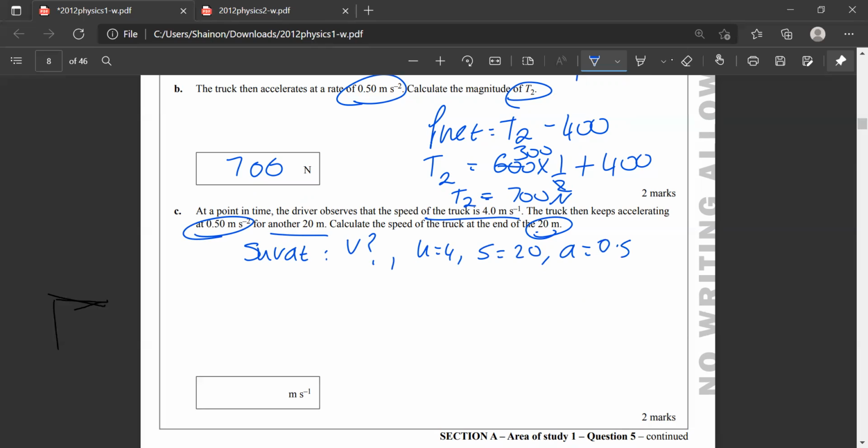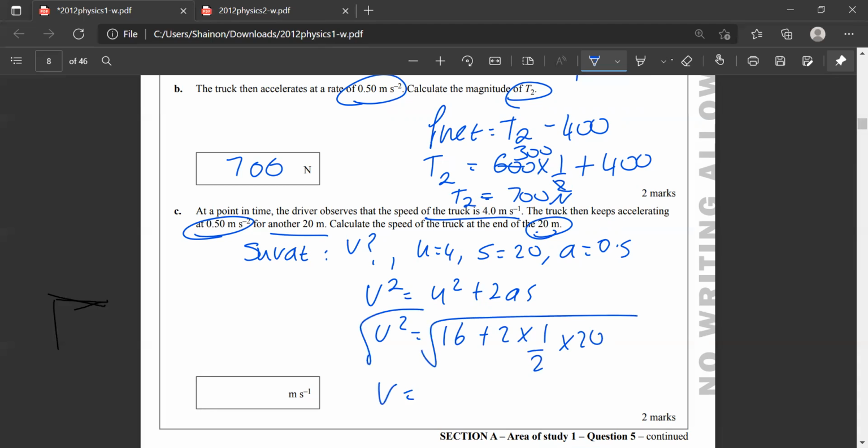So then V squared equals U squared plus 2AS. V squared equals 4 squared, 16, plus 2 times half times 20. Root this, V equals 6 meters per second.